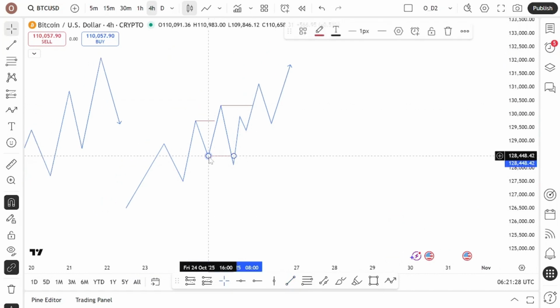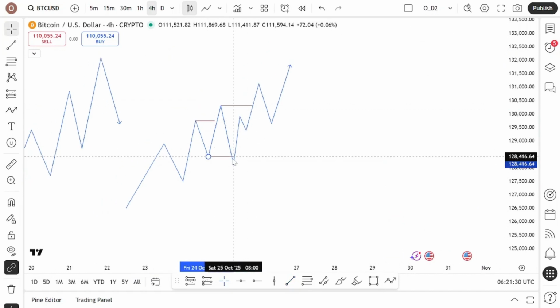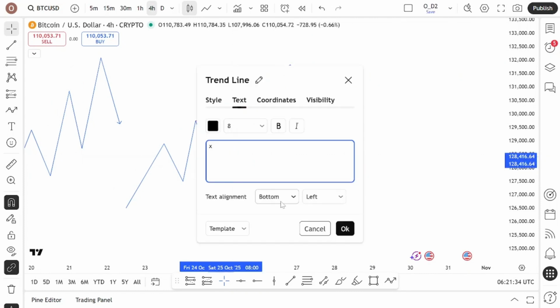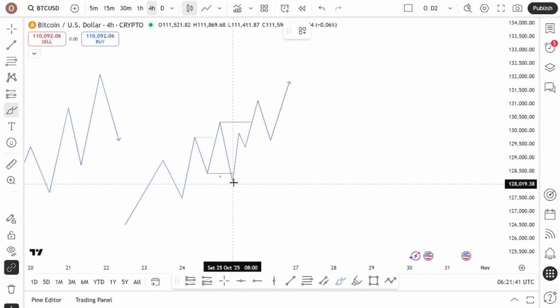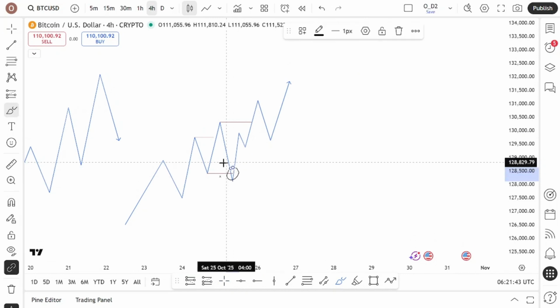So this here becomes inducement, an inducement leg, or this right here was a trap basically, right? So this is what inducement is: a false move to lure sellers, right?